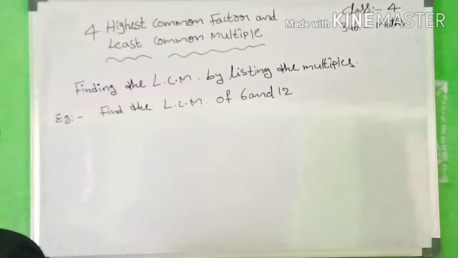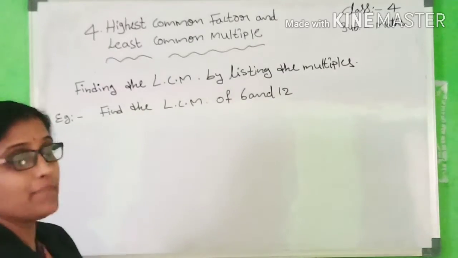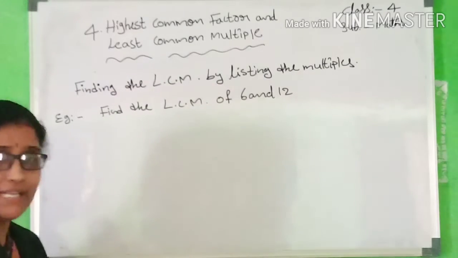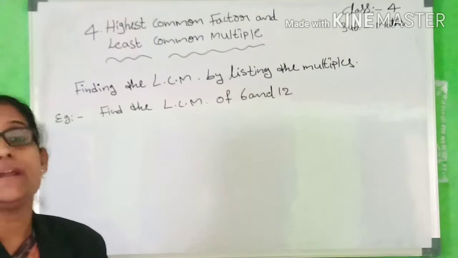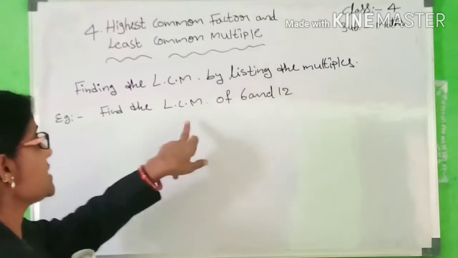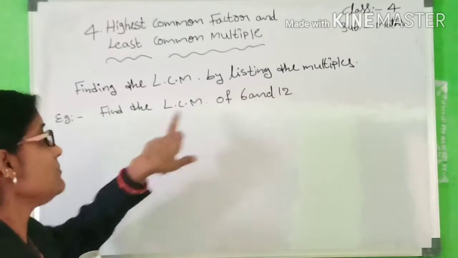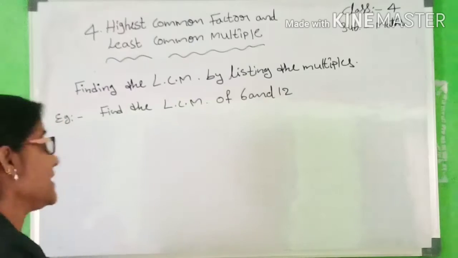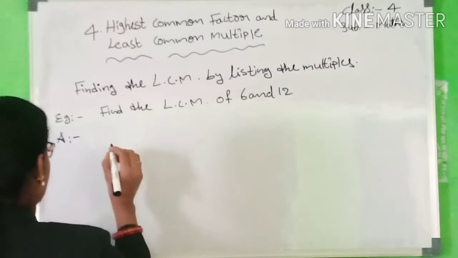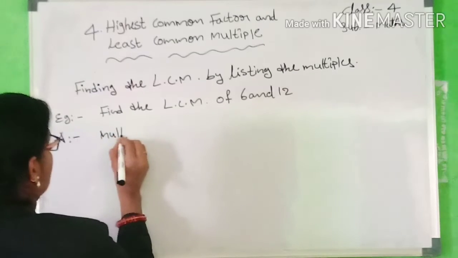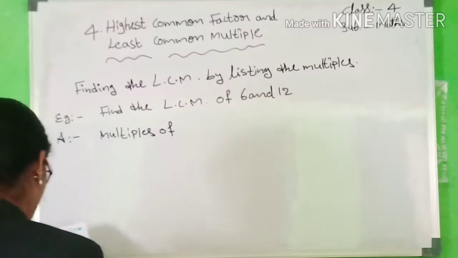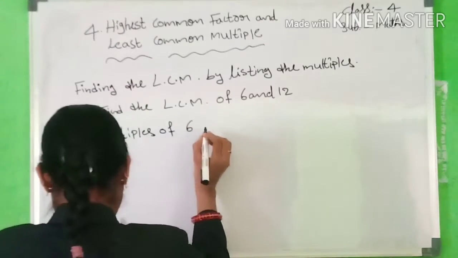Okay children. Finding the LCM by listing the multiples. Example 1. Find the LCM of 6 and 12. First we have to find the multiples of 6, then the multiples of 12. Answer. Multiples of 6.